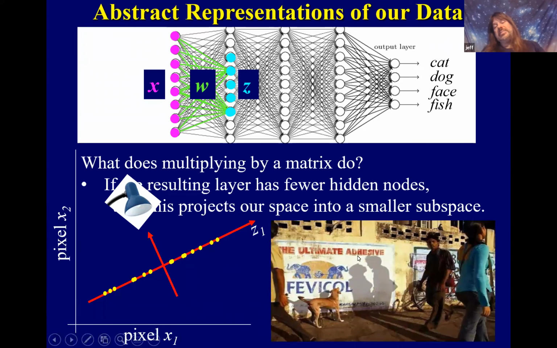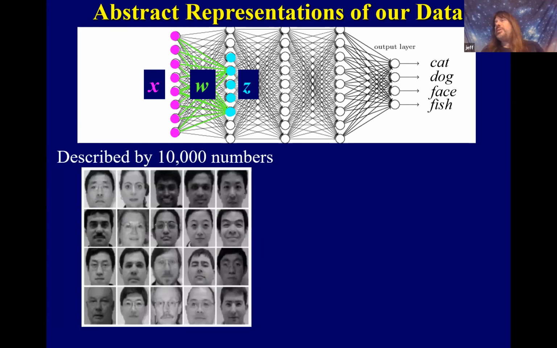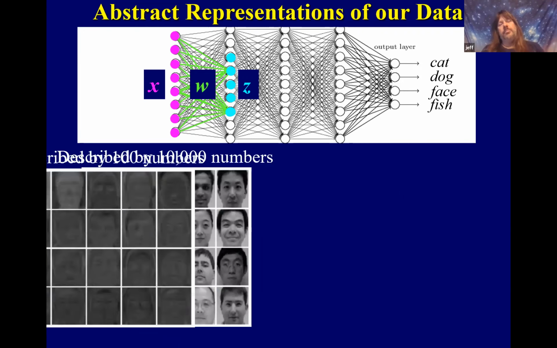That's a two-dimensional example. Here's a three-dimensional example. Here's a three-dimensional image that we project down to 2 dimensions, right? And why might we do that? Well, these faces are all described by 10,000 numbers, right? That's a lot of numbers to be working out.